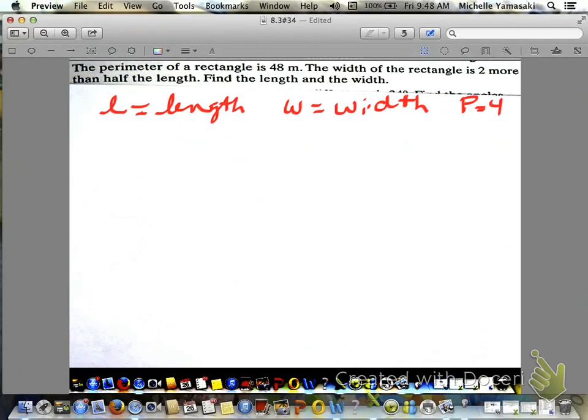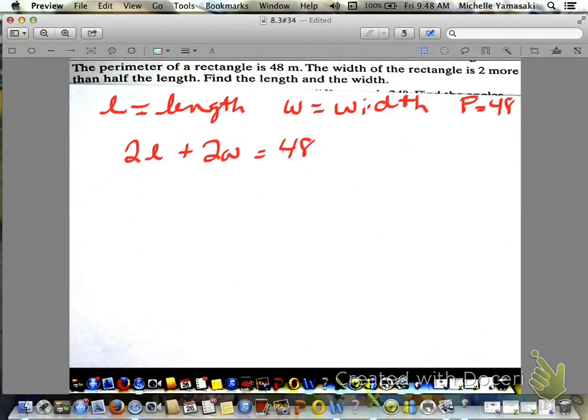P equals 48. There's another piece of information there because that's your equation right there. What's the equation there? Elisa. So do I type the equation? Yeah, stop. What's the equation? 2L plus 2W equals P or 48. It's the perimeter formula. Okay?